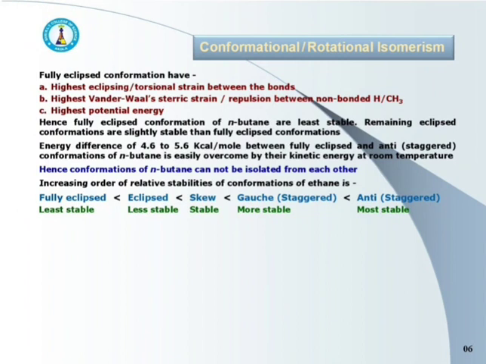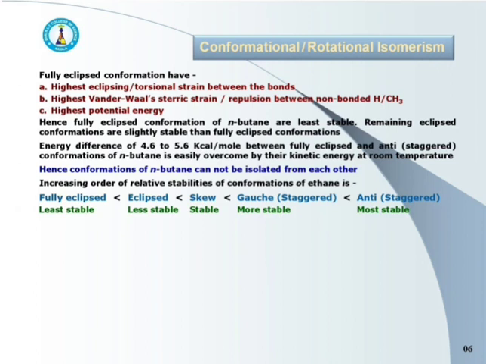Anti-conformation is the most stable conformation, whereas fully eclipsed conformation is the least stable conformation. In anti-conformation, van der Waals steric strain as well as eclipsing or torsional strain is very much less. Potential energy is again less, and that's why it is the most stable conformation.